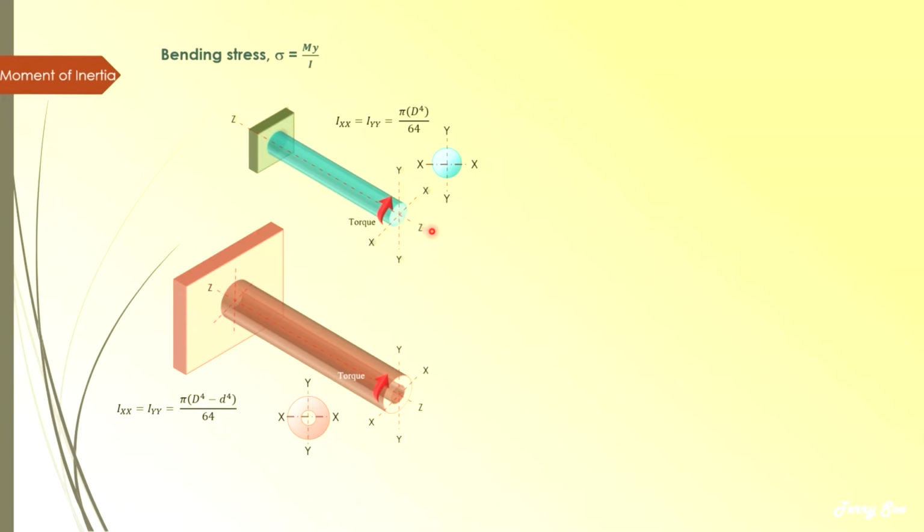That is only applicable when we are looking at torsion or turning moment. Now, for a hollow circular shaft, then you will have pi times D to the power of 4 minus d to the power of 4, over 64, where the capital D here refers to the external diameter of the shaft, and the lowercase letter d here refers to the internal diameter of the shaft.